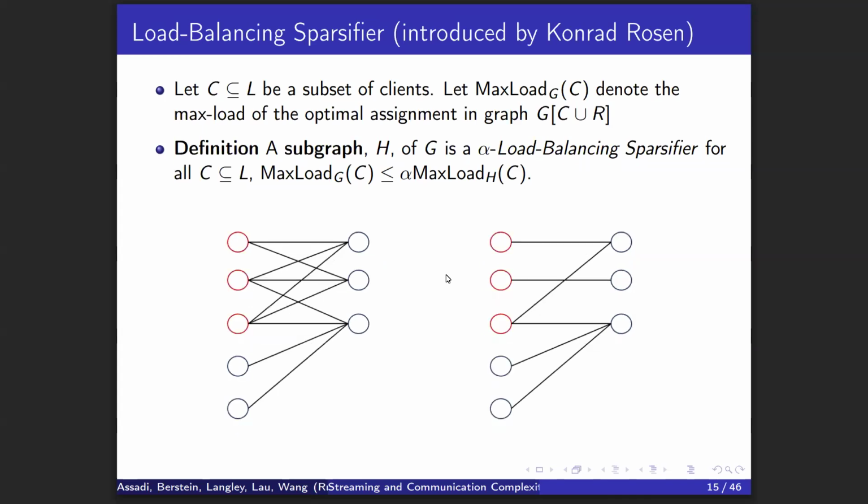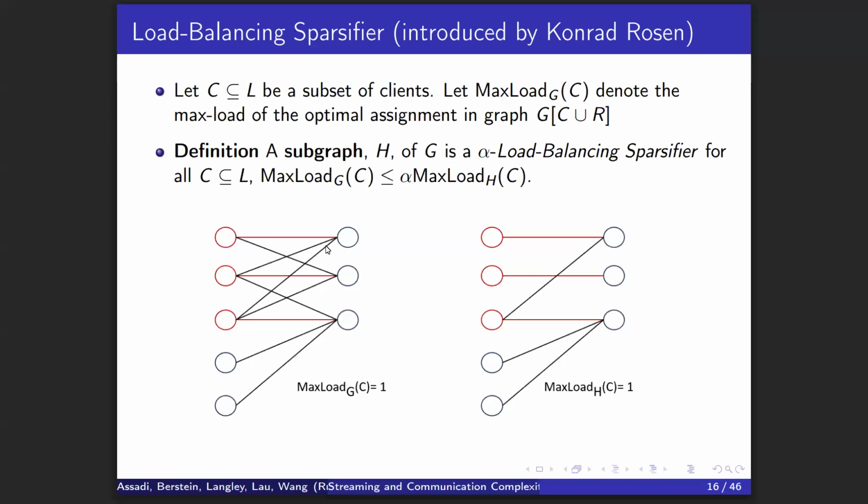So for example, in this graph, if I take C to be these 3 clients over here, we see that the max load is 1, right? Because we have this matching that we can use to get a load balancing assignment with only max load 1.